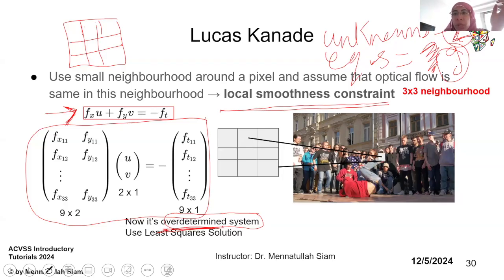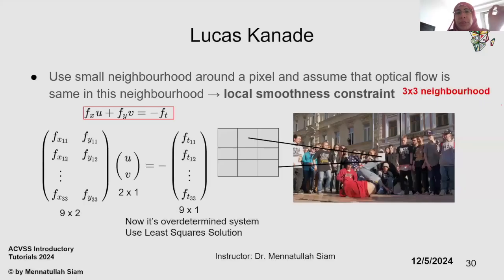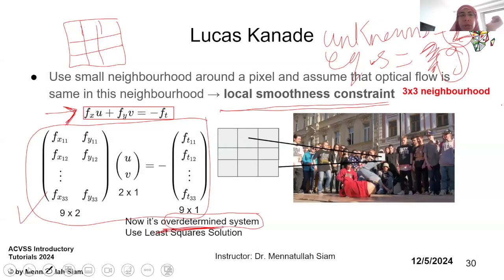So I'm gonna use these 9 equations to construct this overdetermined system. Remember from the brightness constancy, fx u plus fy v plus ft equals 0, it's the same as fx u plus fy v equals negative ft. This is the equation that I'm going to repeat for every single pixel in this 3x3 neighborhood. So I'm gonna do fx11, fy11 multiplied by uv is equal to negative ft11.